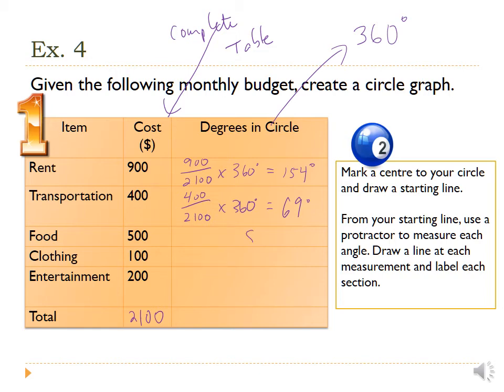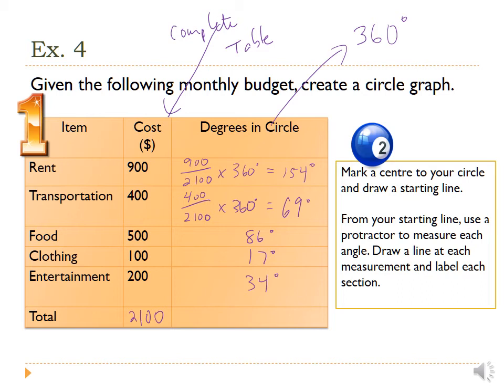Hopefully you got 86 for the next one. 17 for the next one. And if we did our math correctly, 34 for that one. Now, just like we have a self-check for percentage, you want to see if they add up to 100 or close to it.